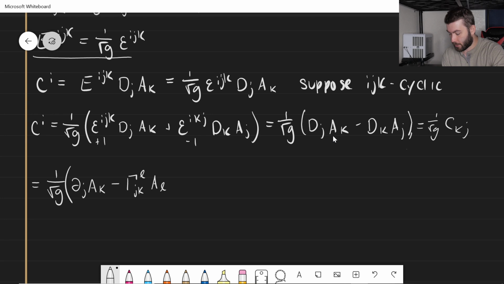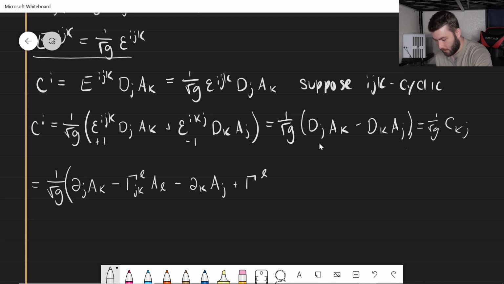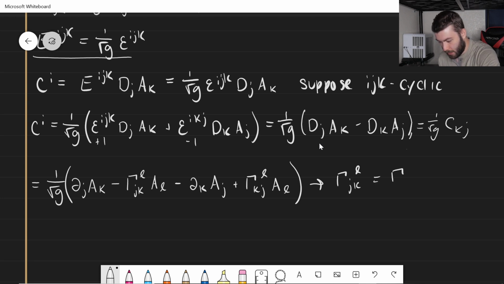You get a minus because you're acting on a covariant vector, minus the covariant derivative, minus dk aj, minus minus, that's plus gamma l kj al. But remember, gamma l jk is equal to gamma l kj. It's because the connection is symmetric, and this is defined in terms of derivatives of the metric tensor. So these connection coefficient terms actually cancel.